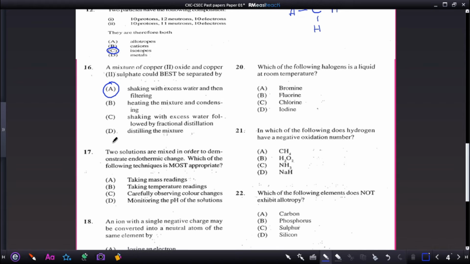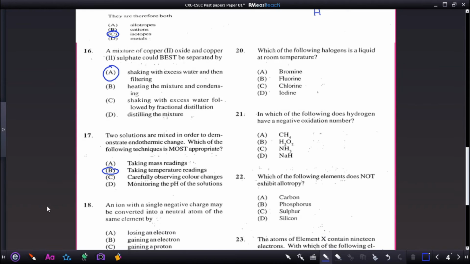Some mixtures undergo a neutralization reaction, and so the pH would be misleading and the mass reading would be difficult to monitor. So the most suitable one here would be B, the temperature change. The temperature change, you can record it.